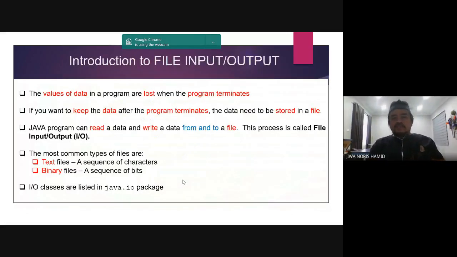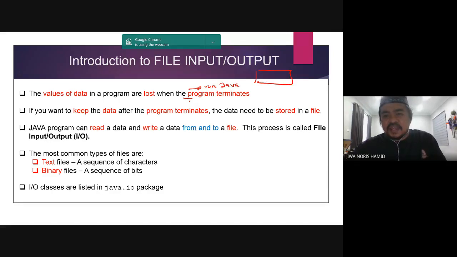Okay, introduction to file input output. The values of data in a program are lost when the program terminates. Betul tak? What does it mean? When you run Java, there is an output terminal dekat sini. Let's say kita kata Ali 20. Kita pun display. Kita compile, kita run, then kita akan nampak dekat sini dia punya output. But the problem is that bila kita exit, kita tekan pangkah, what happened to the data? Lost.